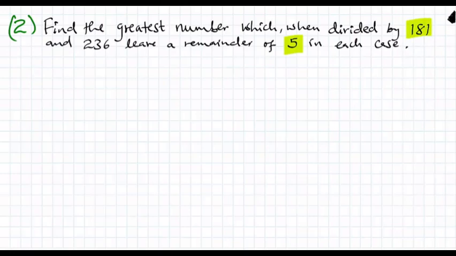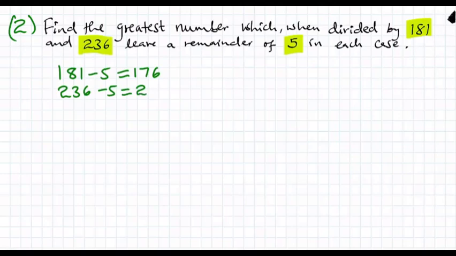So you are going to subtract 5 from 181 and also 236. Then we find the GCD. First, subtract 5 from 181, which gives 176, and from 236 we get 231. Therefore, from there we find now the GCD of 176 and 231.